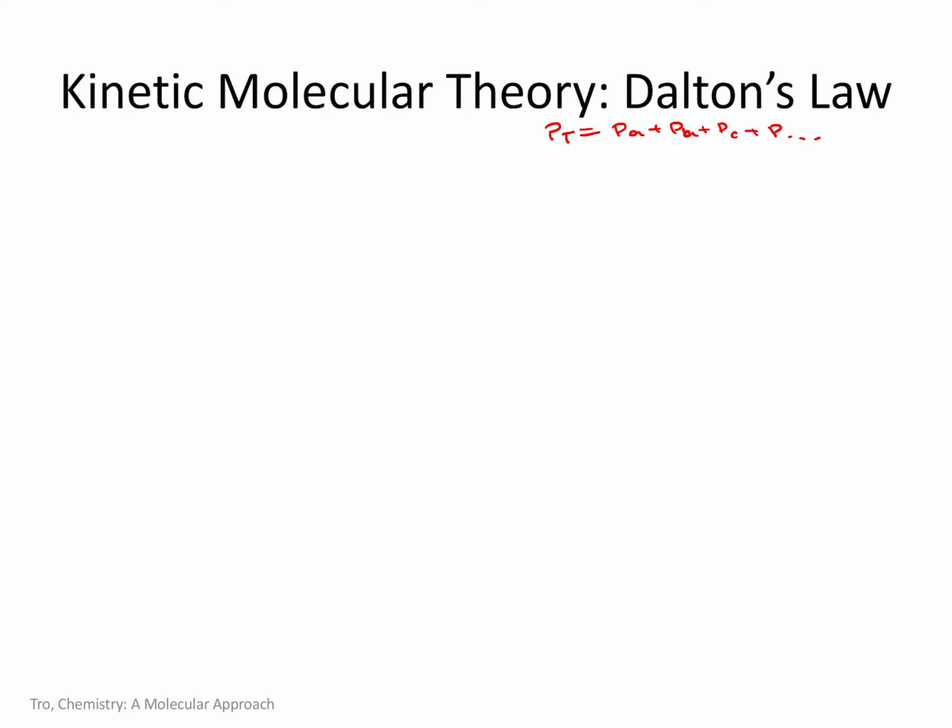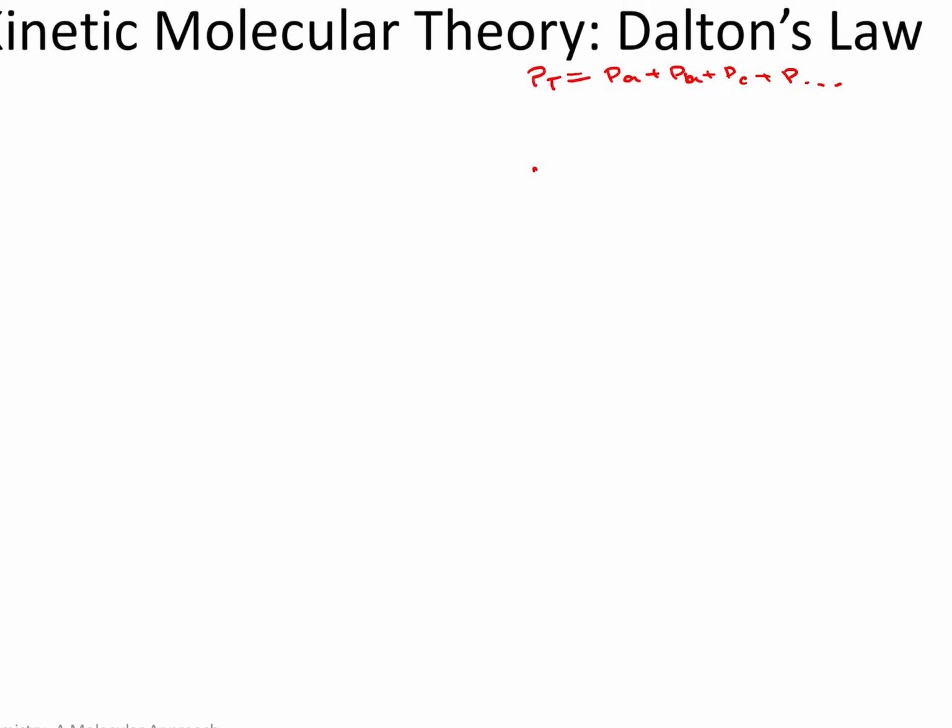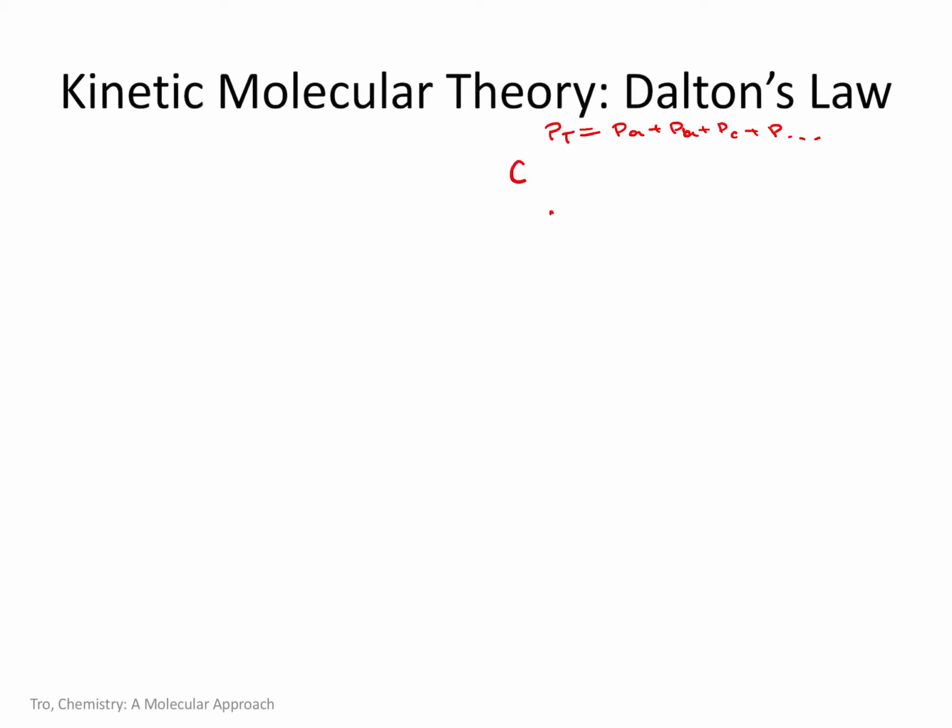According to kinetic molecular theory, the particles are negligible in size and they don't interact. That's where that billiard ball example comes in, right? So we have our A, which will hit B, to then have B move further. What we don't have is A hitting B to become AB. They do not collide together, right?